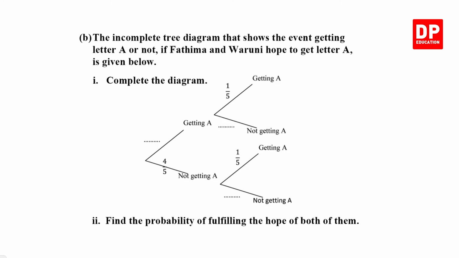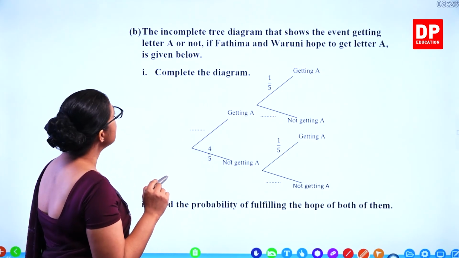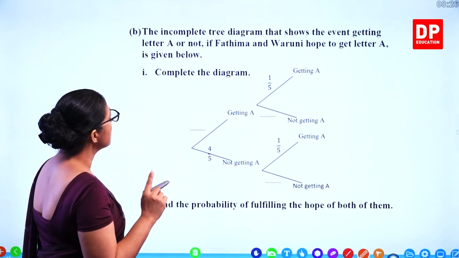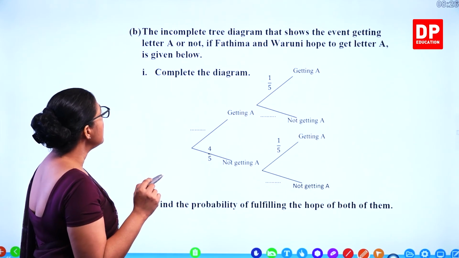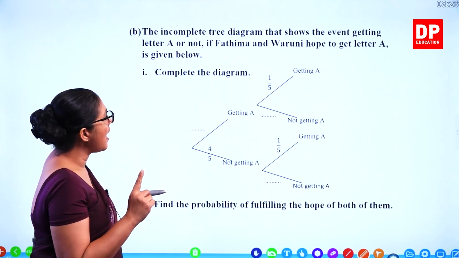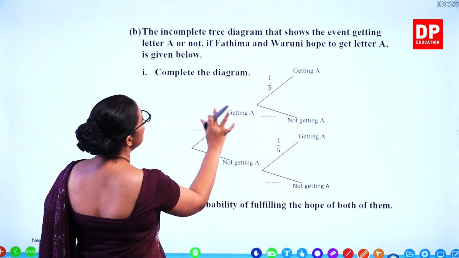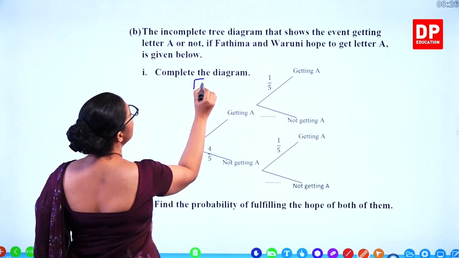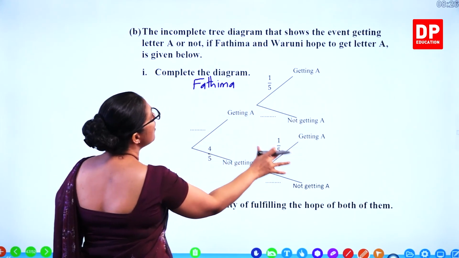Part B. The incomplete tree diagram that shows the event of getting letter A or not, if Fatima and Varuni hope to get letter A, is given below. Complete the diagram. So we'll take this as Fatima and this one Varuni.